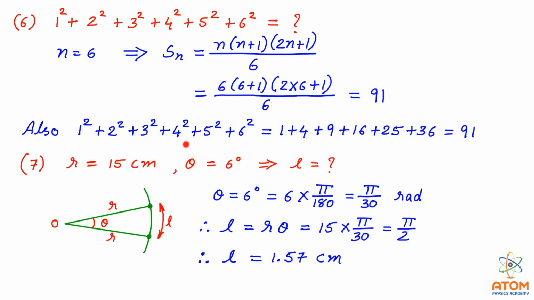Now if we solve the same with the regular method, means if I take square of all of them, then it will be 1 plus 4 plus 9 plus 16 plus 25 plus 36, and that will also give us 91. So we are getting the same answer from this equation. This equation will be very much useful when we are having a very large number of terms. Here we are having only 6 terms, but suppose we are having, let us say, 25 terms, then solving by the regular method is very difficult, but we can get the answer by this equation so easily.